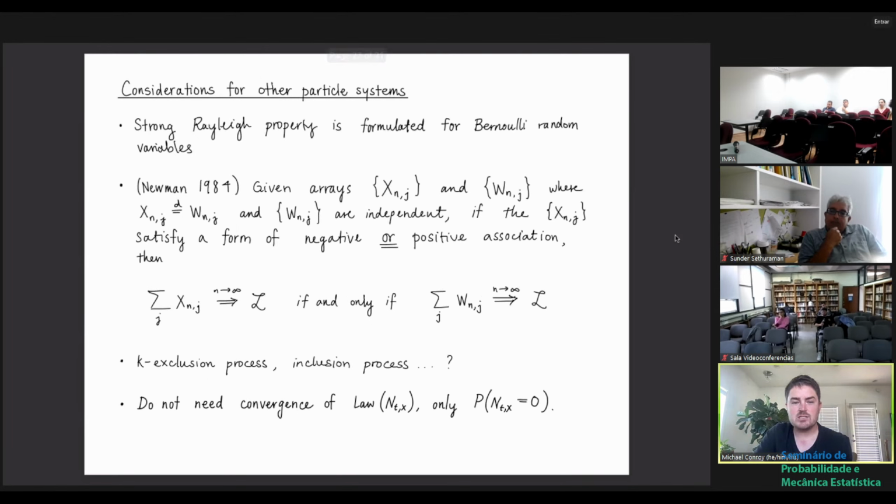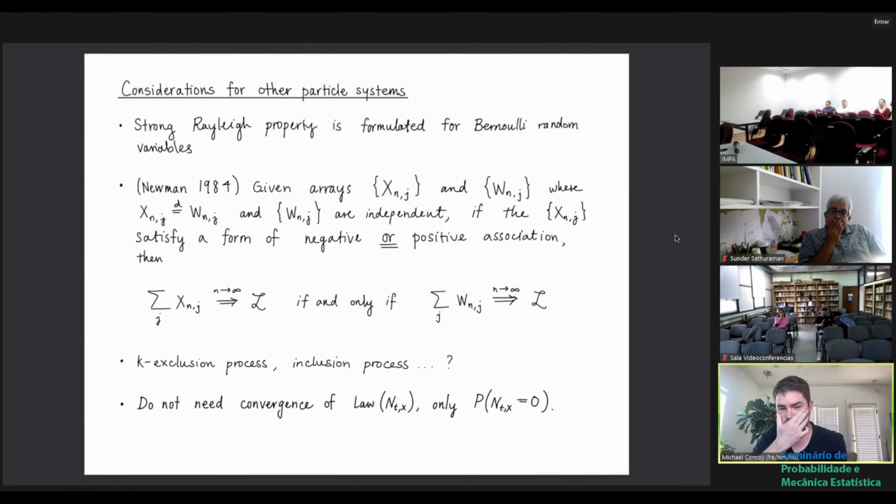And some considerations for that, well, this strong Rayleigh property gave it in terms of the exclusion process, but in general, it's formulated for Bernoulli random variables. But that's not so limiting, because there are other limit theorems where the sums don't have to be of Bernoulli.